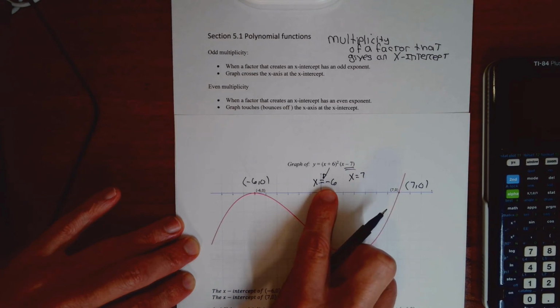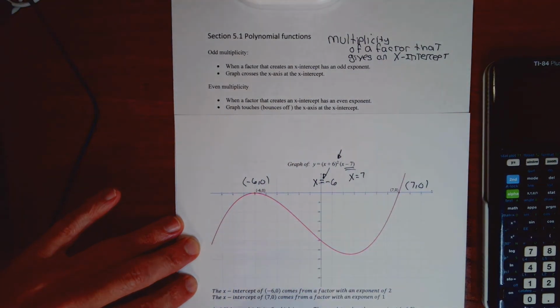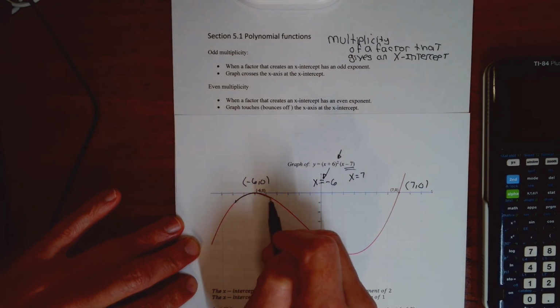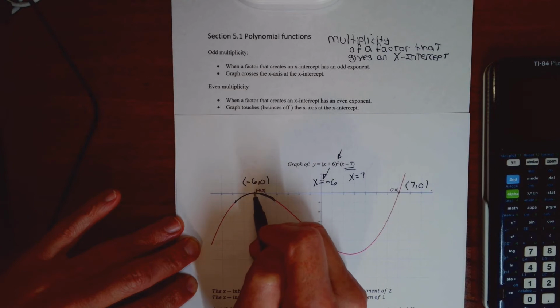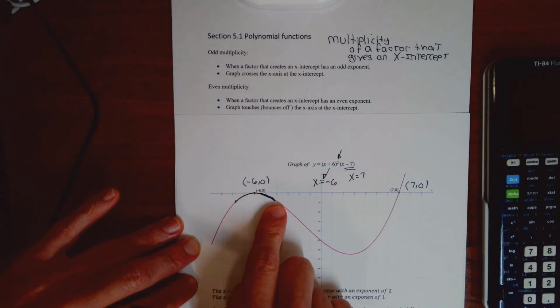The x equals negative 6 x-intercept came from a factor that has an exponent of 2. So it would be appropriate to say the x-intercept of negative 6, 0 has multiplicity of 2, which is even. And because it has even multiplicity, when the graph goes through that x-intercept, it doesn't cross the x-axis, it touches or bounces off the x-axis.